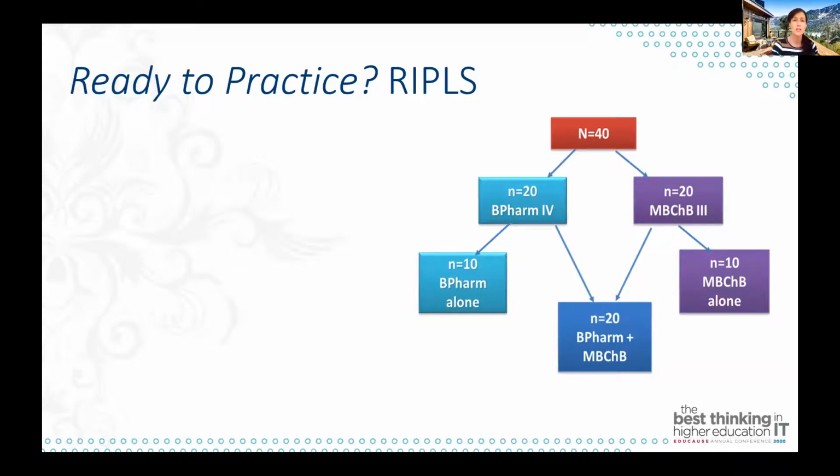So we had 40 students. We split them into two groups. We had 20 pharmacy students, of which 10 worked in a team with medical students and 10 worked alone, and then 10 medical students who worked alone on the simulation as well.